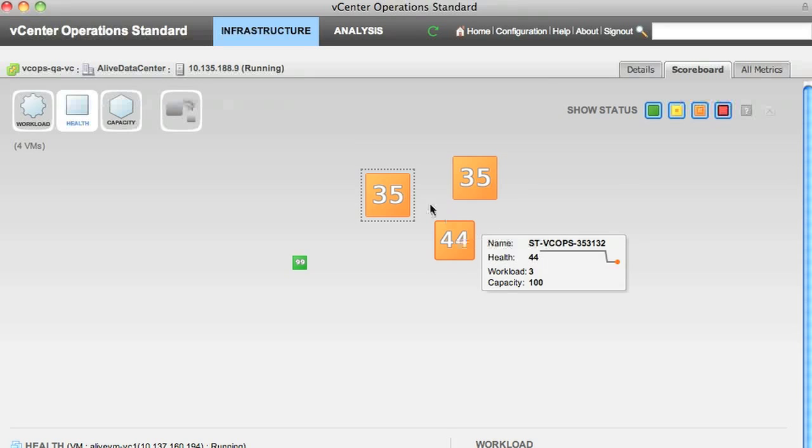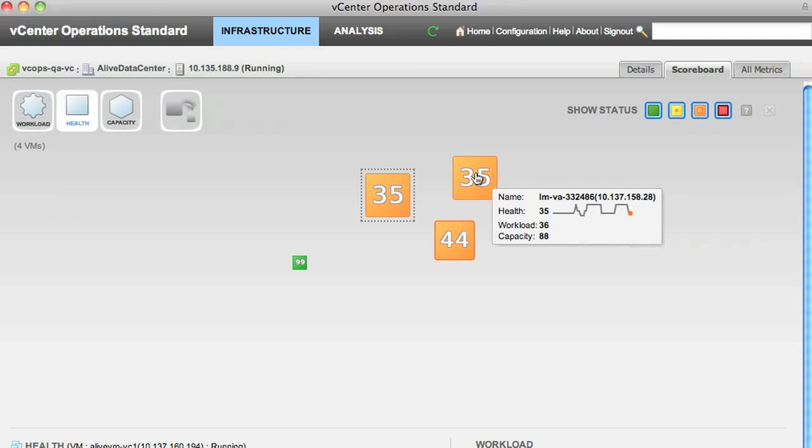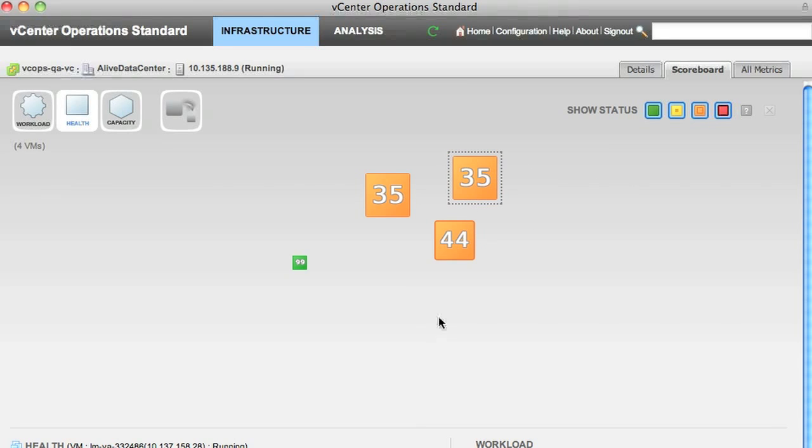Well, it means that in terms of absolute demand over capacity, they're not doing too much, but something about them has changed. So again, we can very quickly see which object is in most need of viewing. So in this case, we want to drill down to get some more details about this VM.